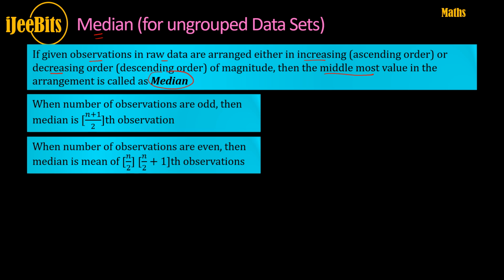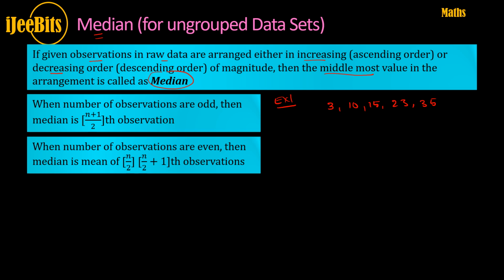So let's say, for example 1, you take some values: 3, 10, 15, 23, 35. Let's take this example. How do you calculate the median?